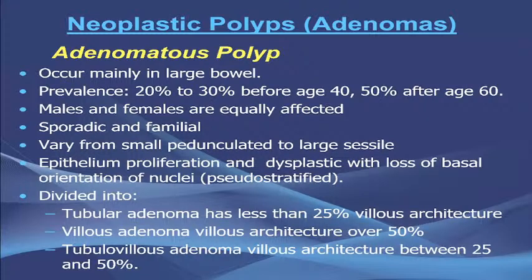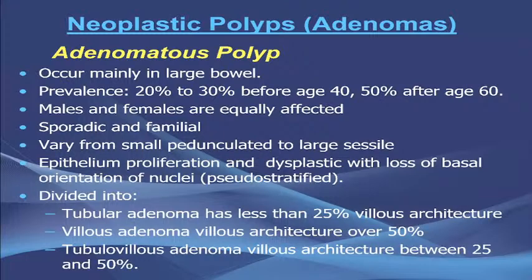They vary from small pedunculated lesions to large sessile masses. And there is epithelial proliferation. And when there is dysplasia, there is loss of basal orientation of the nuclei, so the nuclei appear pseudostratified. And as I said, they can be divided into two, tubular adenomas, actually three when you talk about the mixed type.